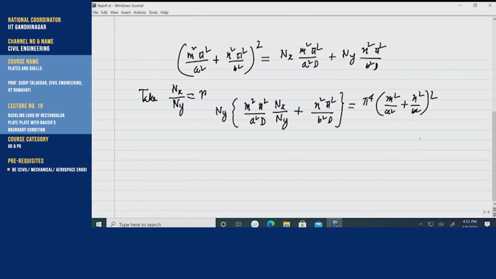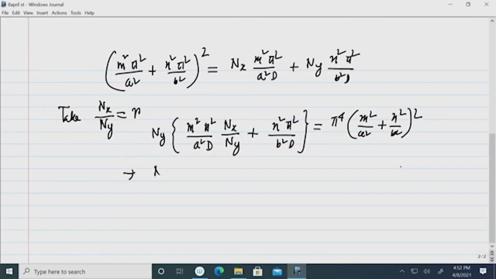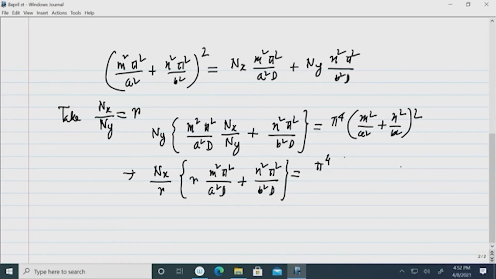Now, taking N_x by N_y equal to R, I can transform this equation as N_x by R, then I can write here R m² π² / (a² D) plus n² π² / (b² D), and this side is π⁴ (m² / a² + n² / b²) whole thing square.